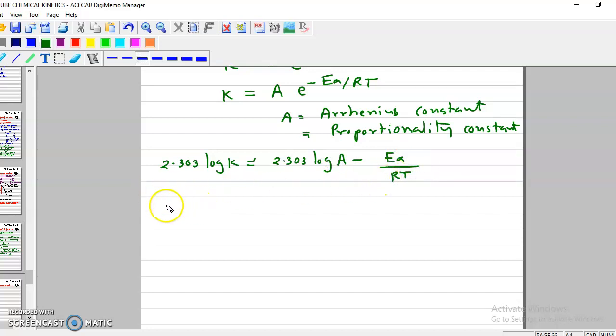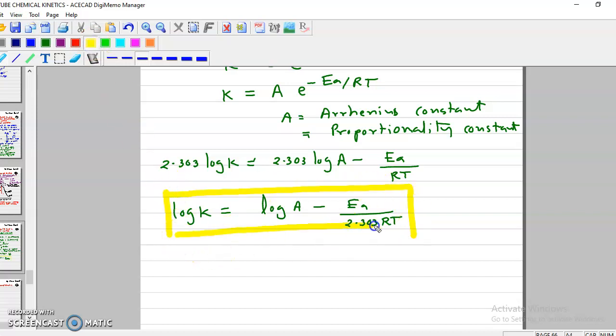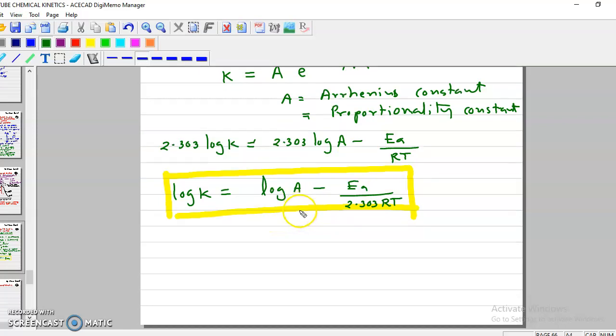If you simplify more, then log K is equal to log A minus Ea upon 2.303 RT. This is known as the Arrhenius equation, where Ea is energy of activation and A is the Arrhenius constant.